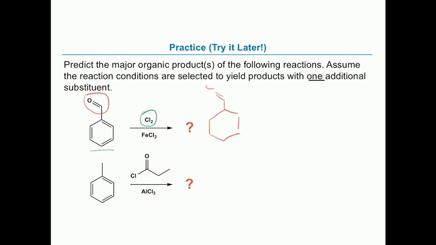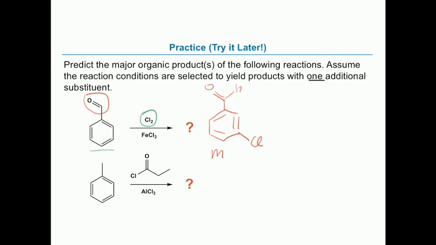Our prediction here would be to have something like this at the meta position specifically. So it's like that. That would be our preferred product where we have meta. And we can evaluate this indirectly.